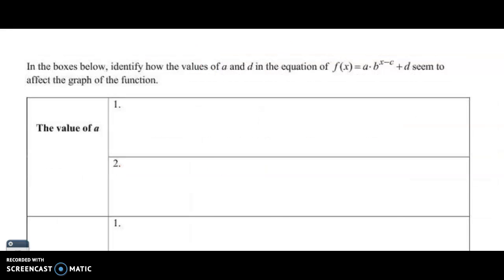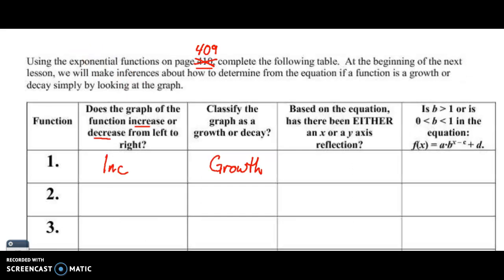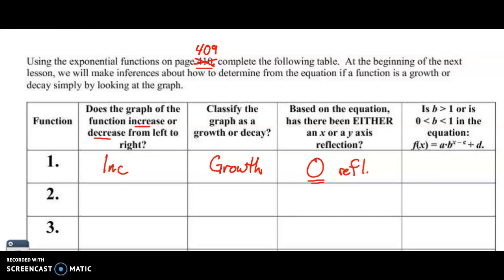Well, if you go back to that equation, there's no negative in front. There's no negative up here, so there are 0 reflections. I'd rather list them out than saying just X or Y. And also, the base, if we go back to it, is 2. What we care about is that the base is bigger than 1.